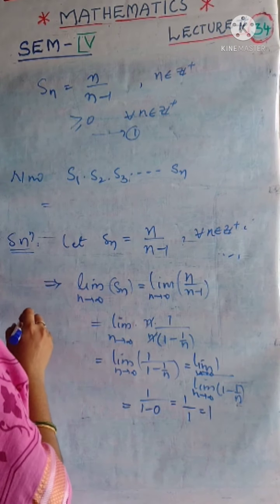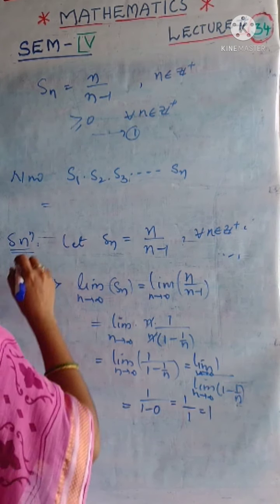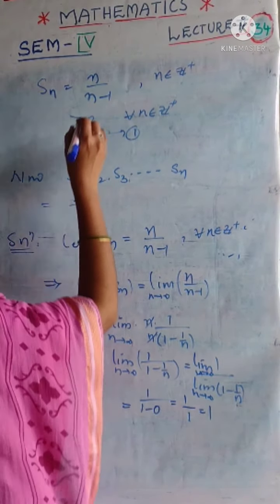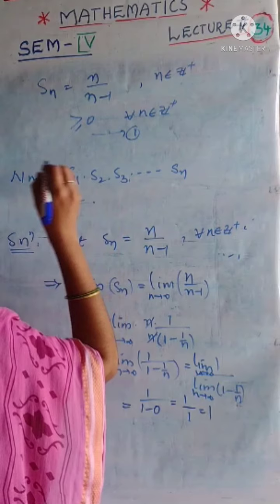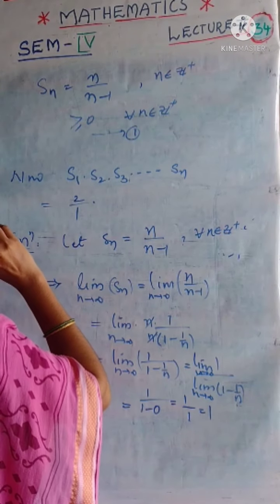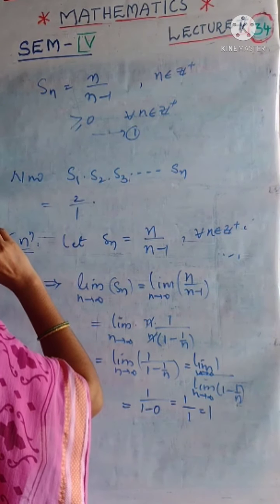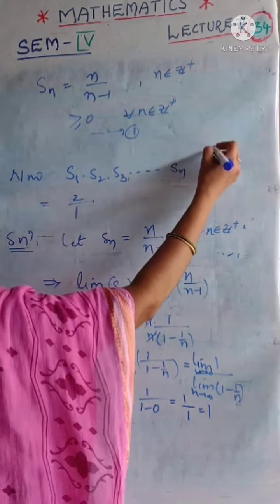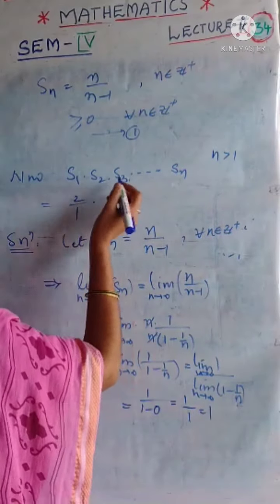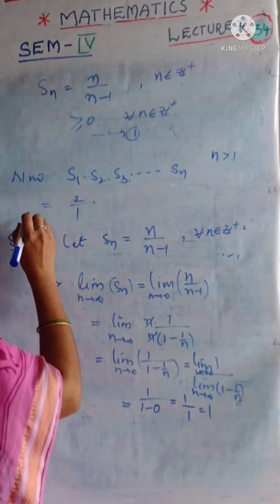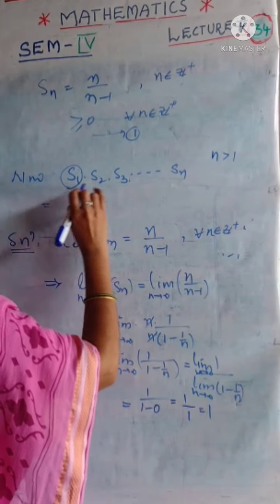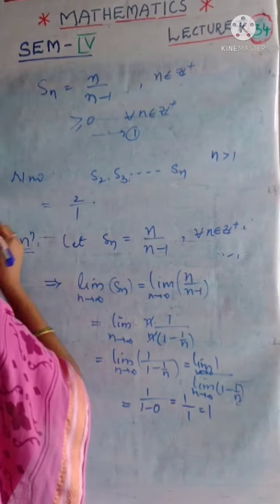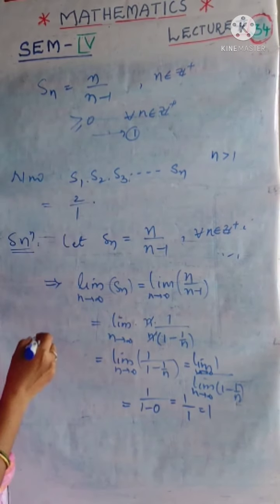S1 is 0, S2 is 2 by 2 minus 1, which is 1. Suppose we take values of n more than 1, then we can apply the result, because if we take n equal to 1 we get 0, then the product will be 0. To avoid this problem, let us consider the value of n to be more than 1.